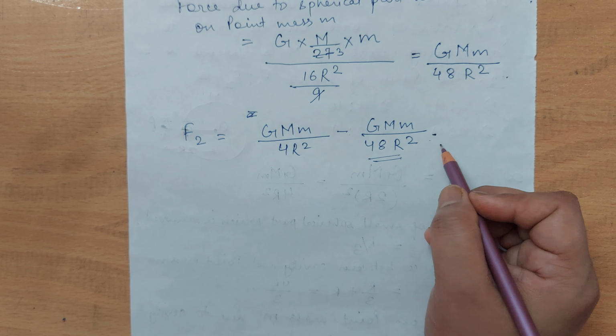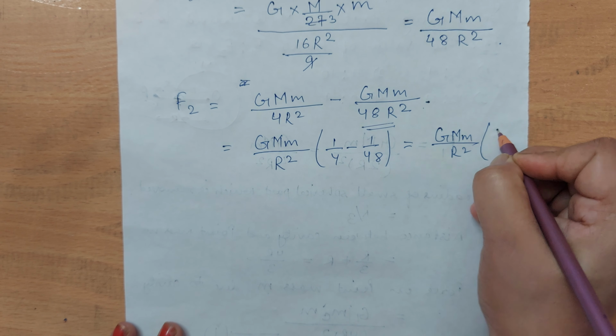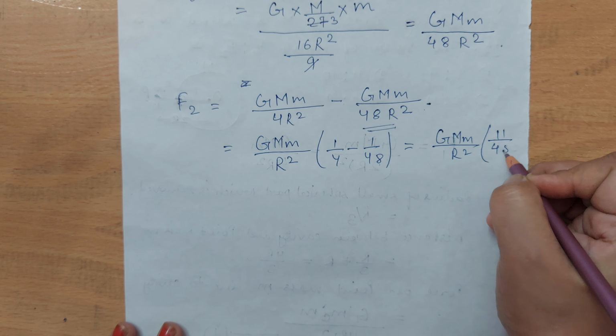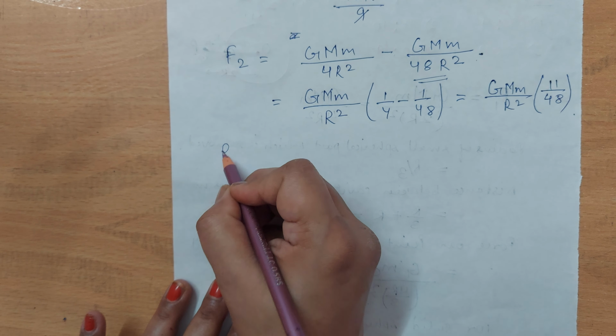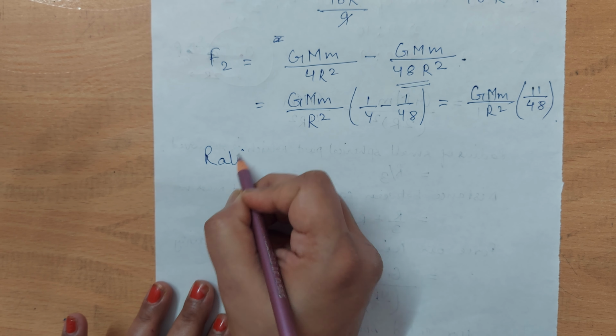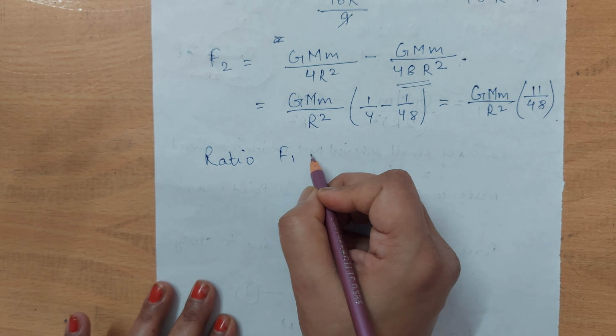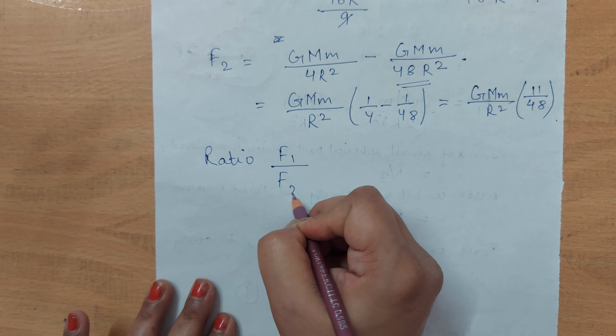So let's calculate. It is equal to G capital M small m by R square times (1 by 4 minus 1 by 48), which is equal to G M m by R square times 11 by 48. Now we have to find the ratio of F1 by F2.